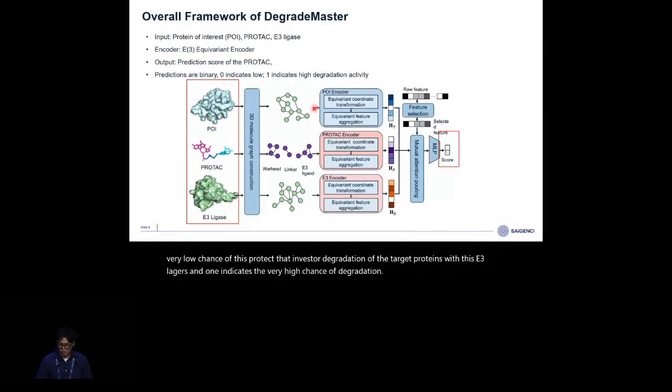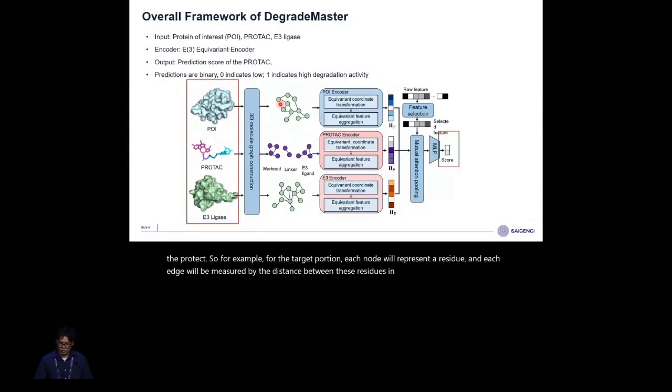So as we can see, we first use a 3D graph structure to model the target protein, the ligase, and the PROTAC. So for example, for the target protein, each node will represent a residue, and each edge will be measured by the distance between these residues in the 3D space.